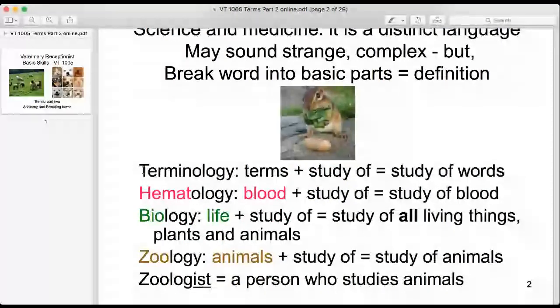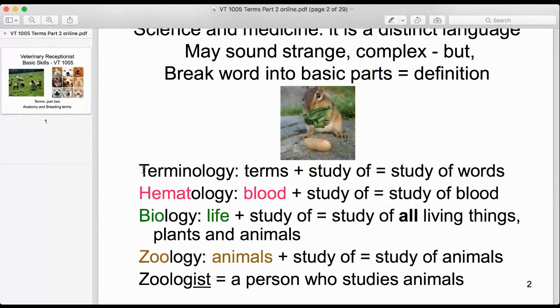So the ending of that word, like zoologist, can also change what type of word it is, from a noun or an adjective, okay? So that ending of the word can really affect that.